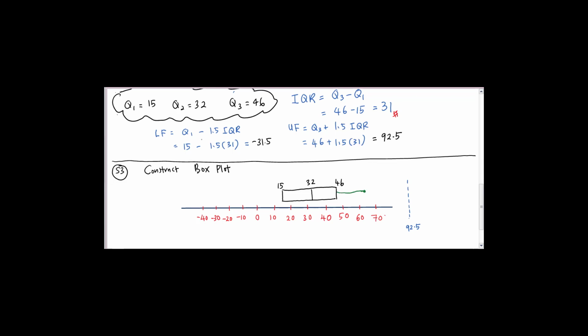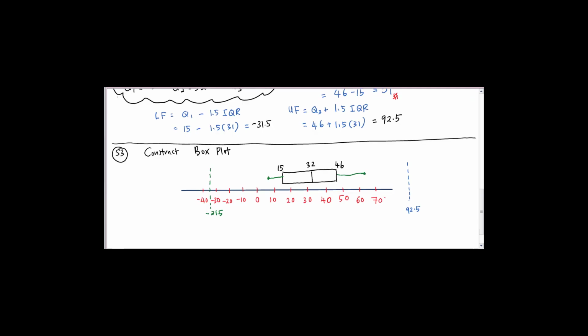And for the smallest value, just now it was a positive 6. So maybe it's around here, then we draw the whisker. So from here, we get the box plot, which lies within the lower fence and upper fence. Okay, and we can draw the conclusion that there is no outlier.